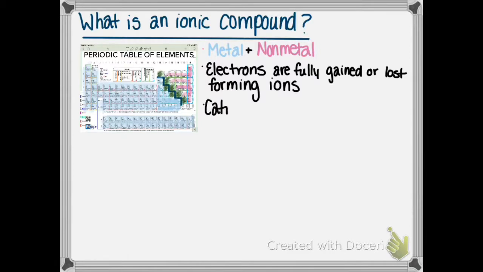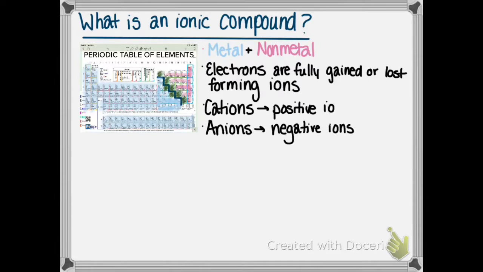Ions can be positive, which are cations, or negative, which are anions. Remember, cations are positive and anions are negative ions. They all form cations and anions from that exchange of electrons.